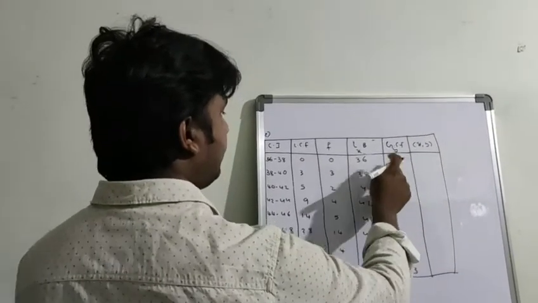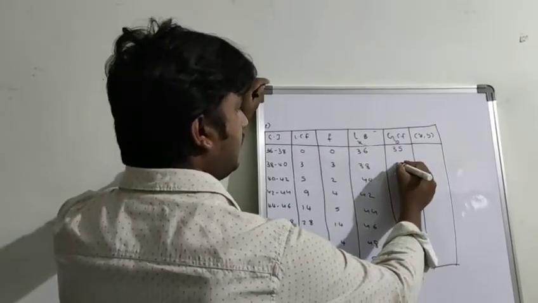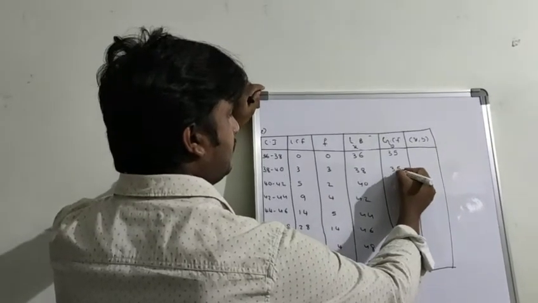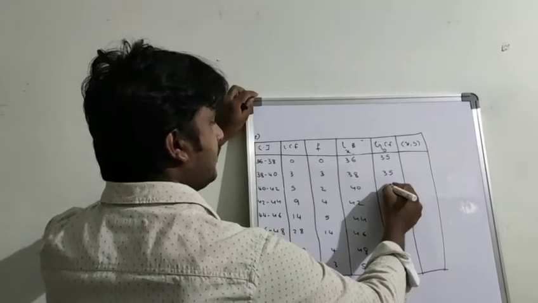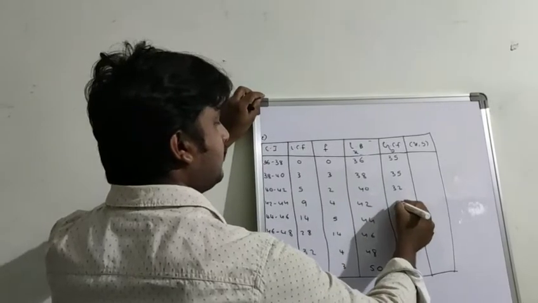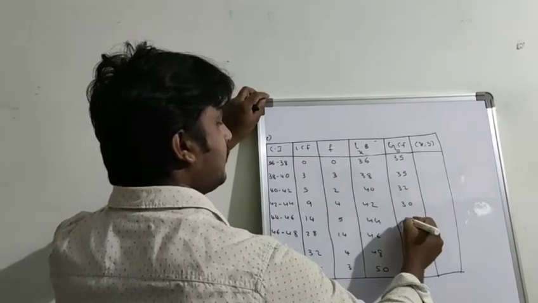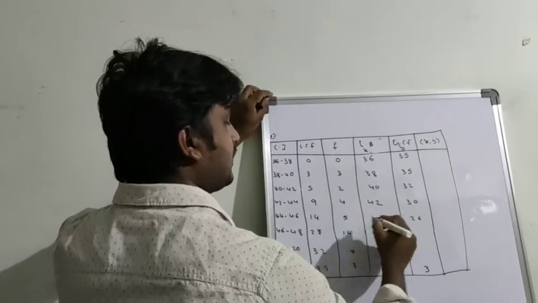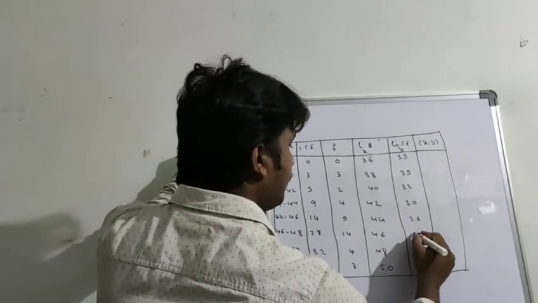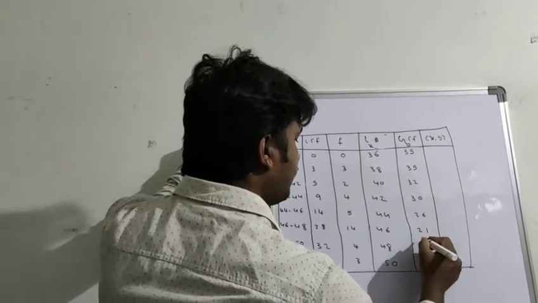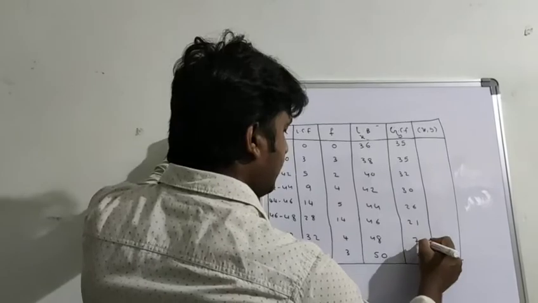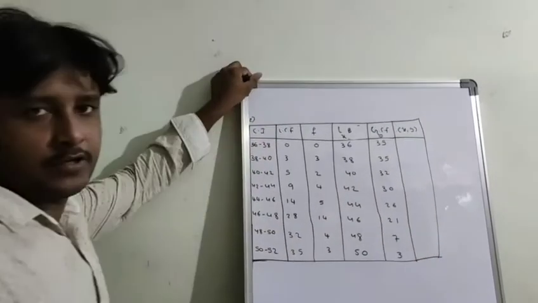So 35 minus 0, again 35; 35 minus 3, 32; 32 minus 2, 30; 30 minus 4, 26; 26 minus 5, 21; 21 minus 14, 7; 7 minus 4, 3. Yes, we got it.